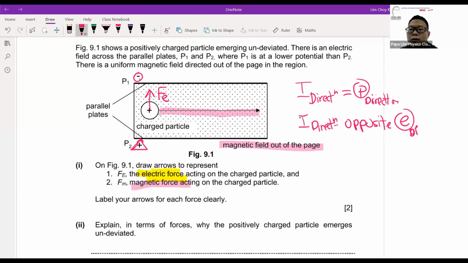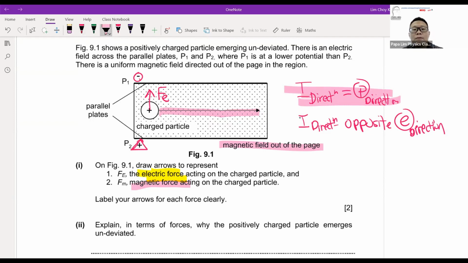If the question gives you an electron or proton, you must know which direction your middle finger will be pointing. In this case, the charge is moving to the right. It's a positive charge, so your middle finger, which is the current, should also be pointing to the right, the same direction as the current.